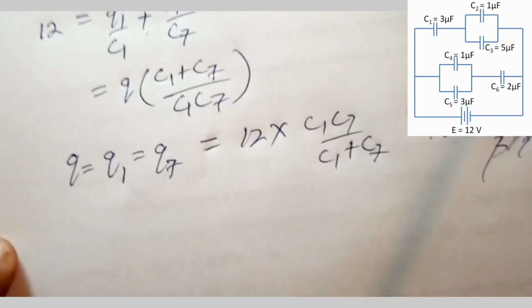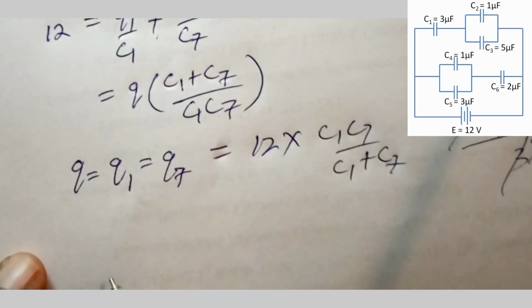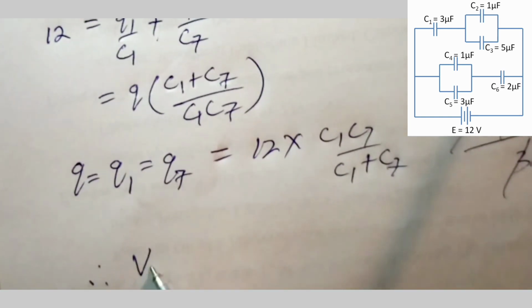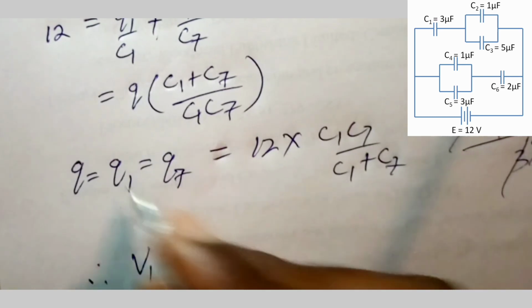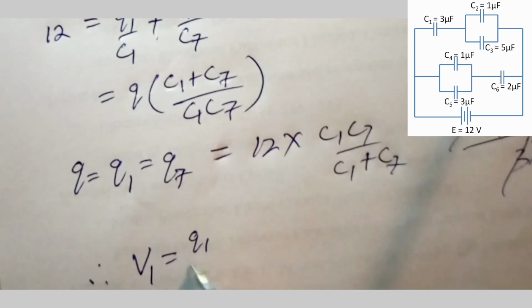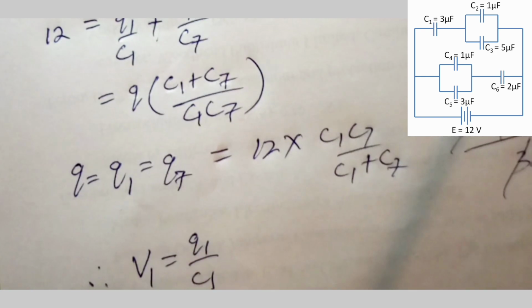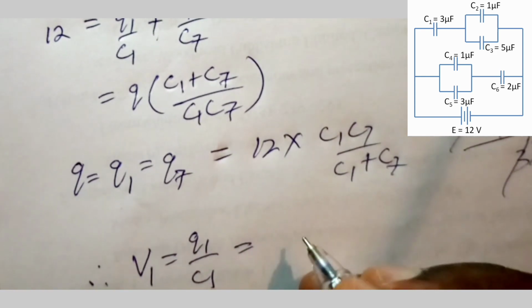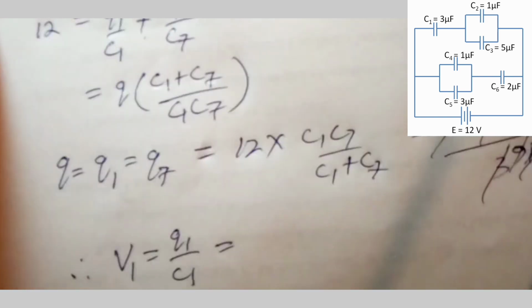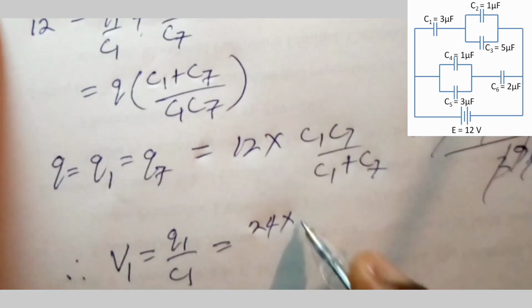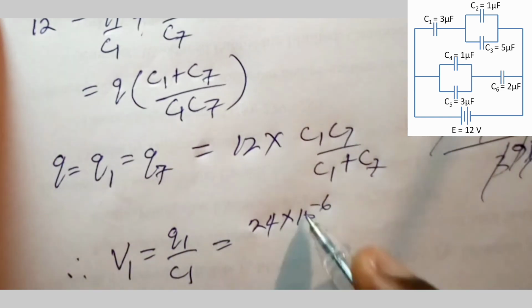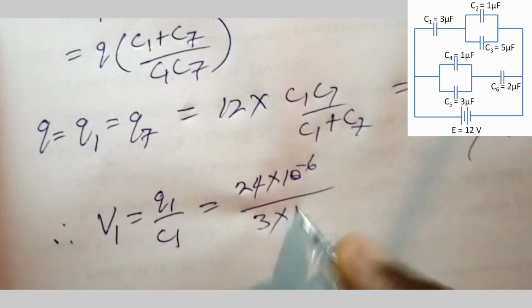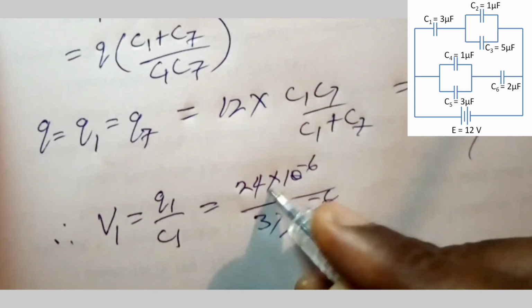So in order to find V1, we do the same thing. Therefore, V1 is equal to Q1 over C1, which is equal to 24 times 10 raised to the power minus 6 all over C1, which is 3 times 10 raised to the power minus 6.